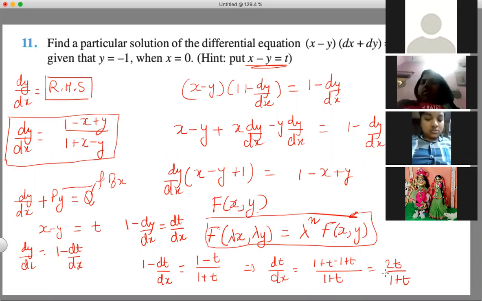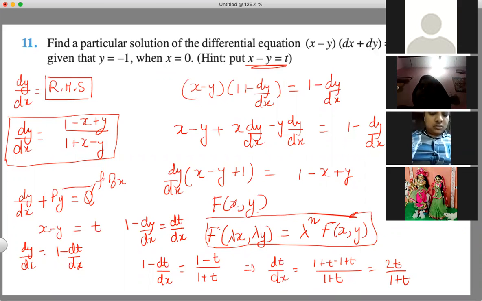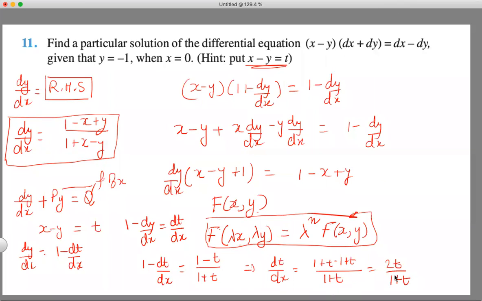Now, which form is this? Which form of differential equation is this? Look at this. I'll create some space here. Okay, give me a minute.